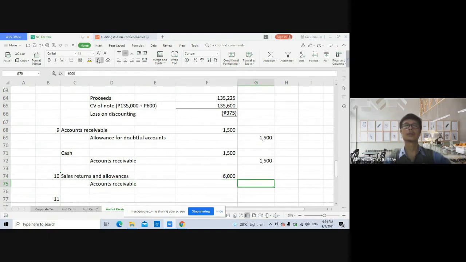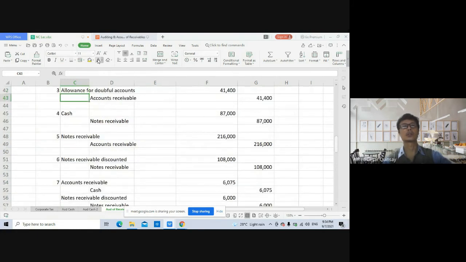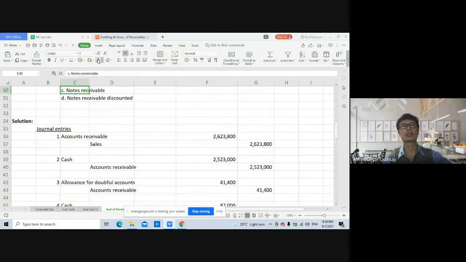So tinanggal natin sa accounts receivable. Yung sales returns and allowances, ito yung customer na nagsoli nung item na binili nila previously, kaya bawas sa sales yan. And of course, nag-decrease yung kanilang receivable, no, because of that. So it's most probably a credit sale, no.